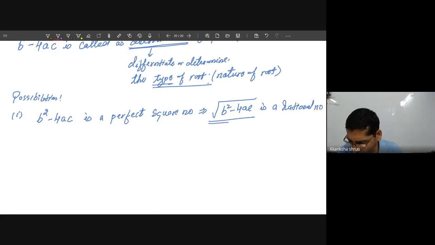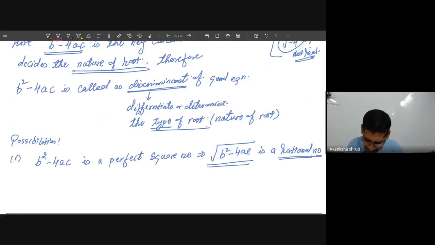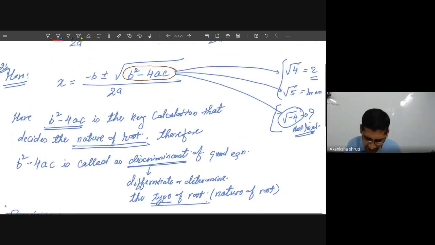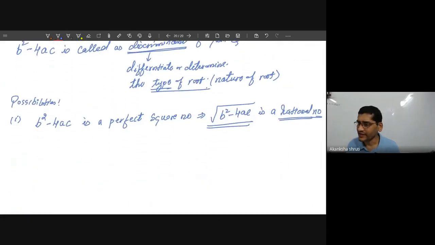When this gives a rational number, rational means it will come out of the root. If they are not coming out of the root, they are called irrational. In Chapter 1, we learned about this in depth. So it is rational. And what are the other terms? The other terms are b and the denominator 2a. They are already rational, and the addition of two rationals is rational.